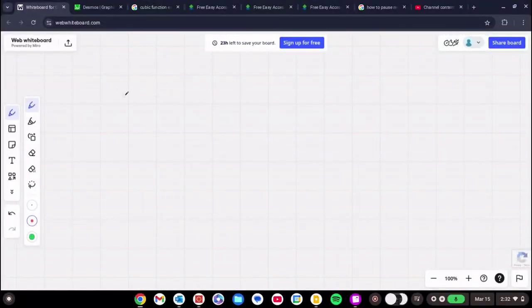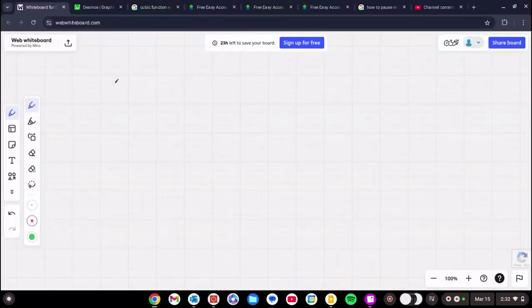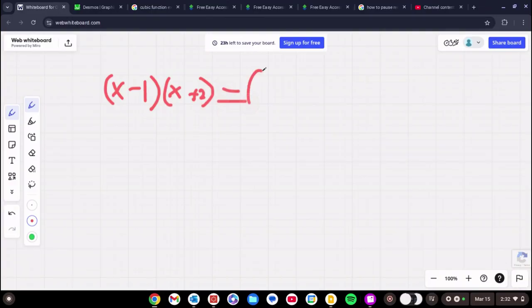Okay, so next, let's try to determine the x-intercepts of this equation. So this one actually is very easy.